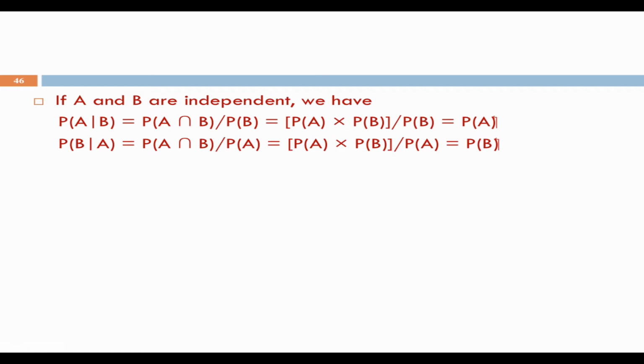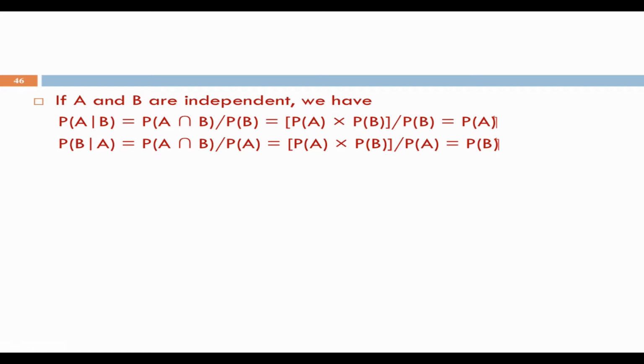So what does that mean? That means that if the two events are independent, then the probability of the first event happening, conditional on the second event happening, really doesn't change. It's just the marginal probability of the first event happening.